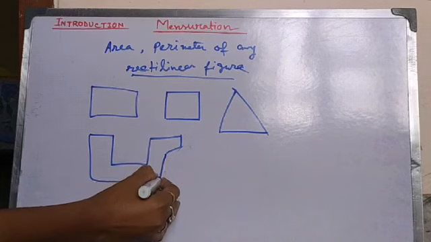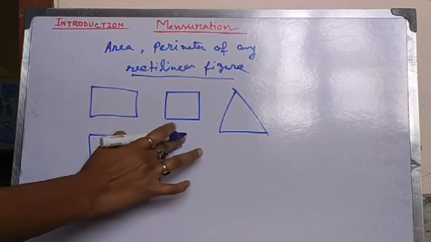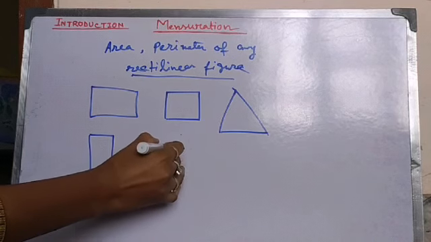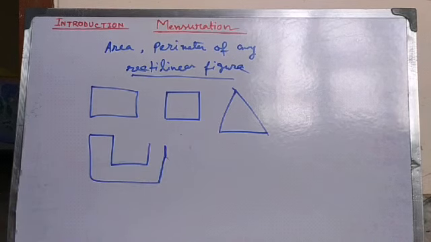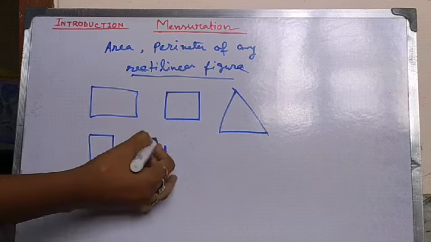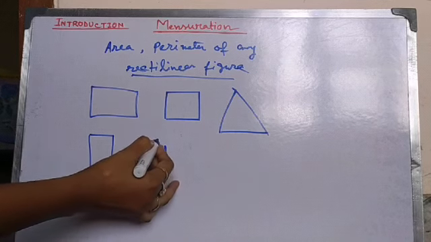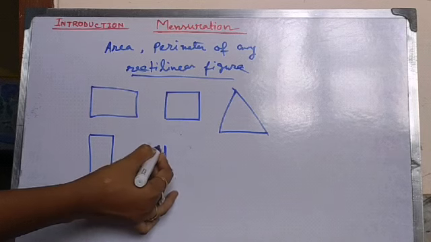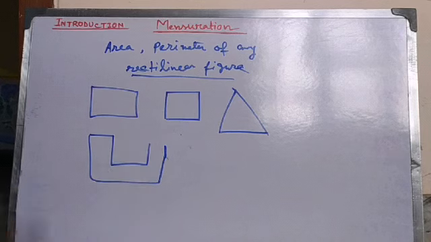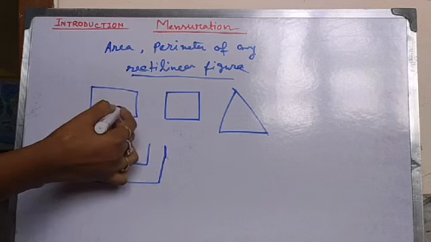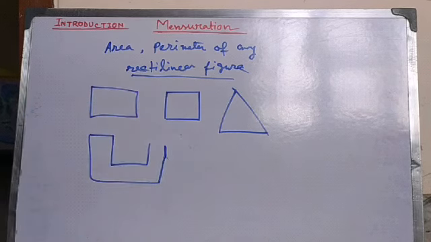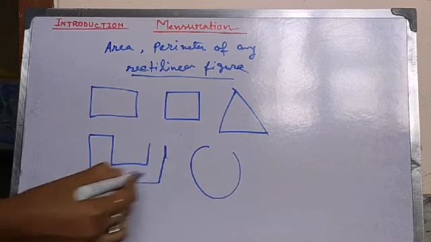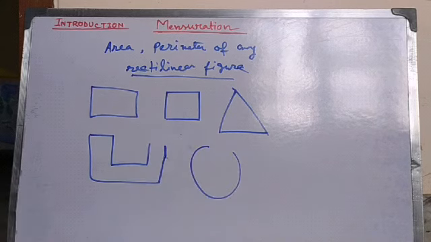No, this is not a closed figure, because here this side is open. Here there is no side, here it is open. So this is an open figure. This is a closed figure. This is also an open figure.